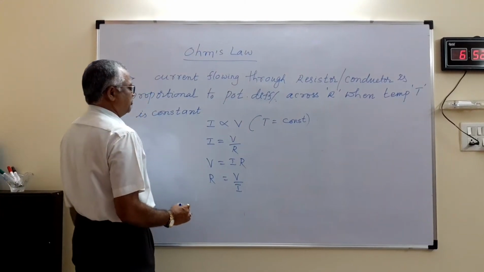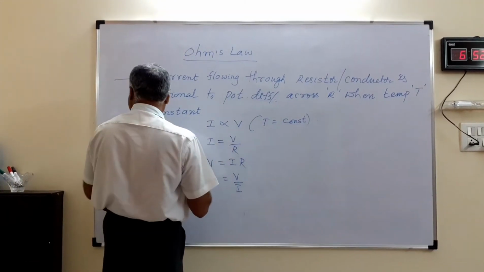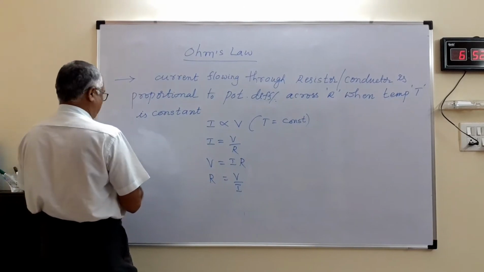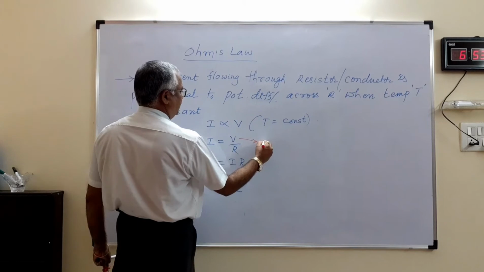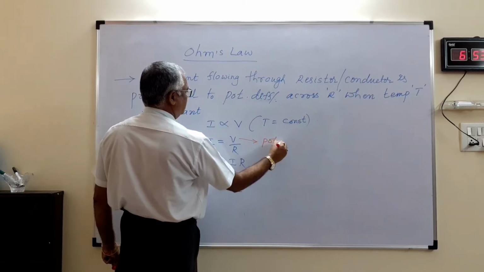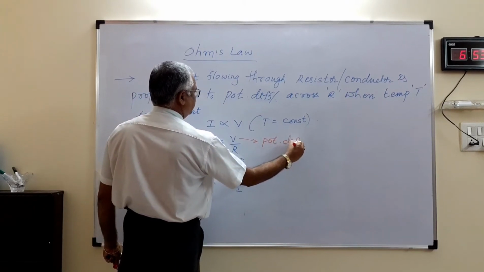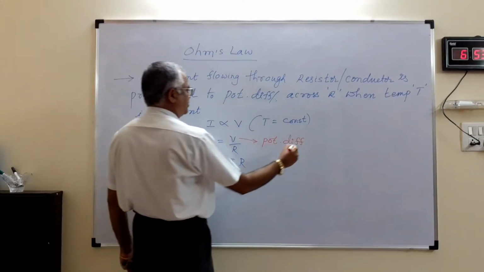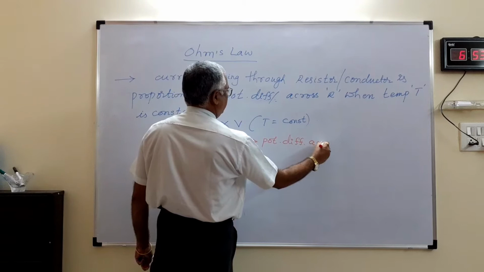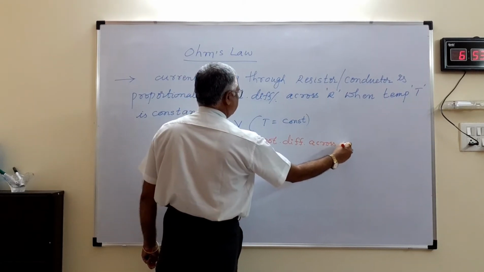But what is more important is, what is this V? This V is a potential difference, potential difference across resistor.